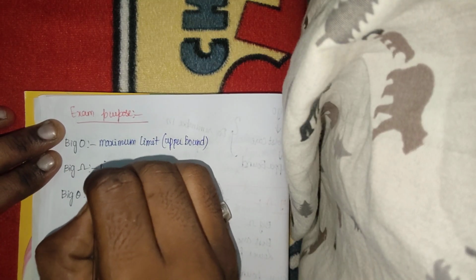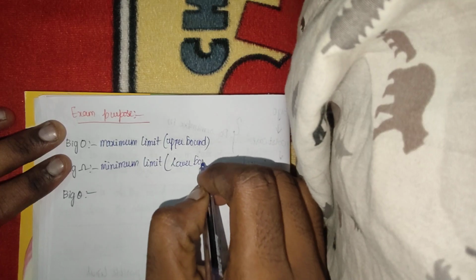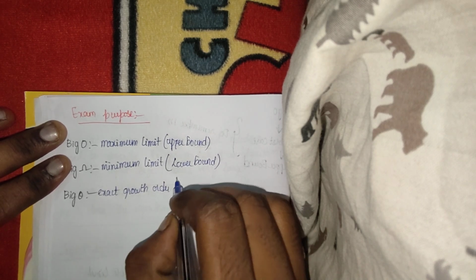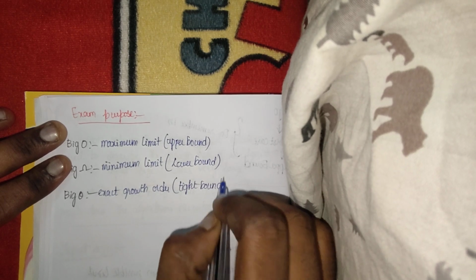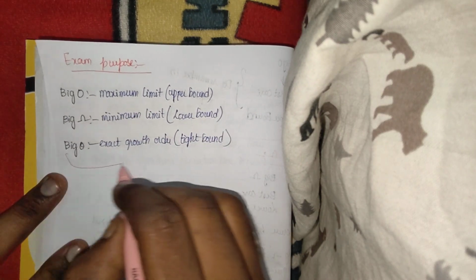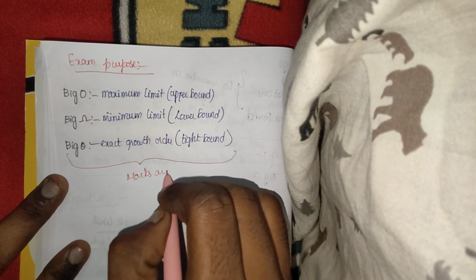Big omega means minimum limit, which means lower bound. Big theta means exact growth order, here tight bound. Do remember, these are very important from the semester examination point of view, marks area.